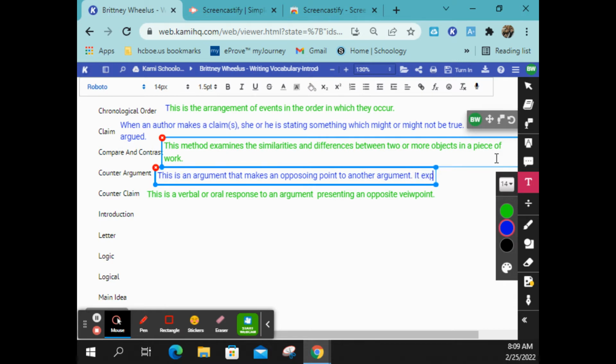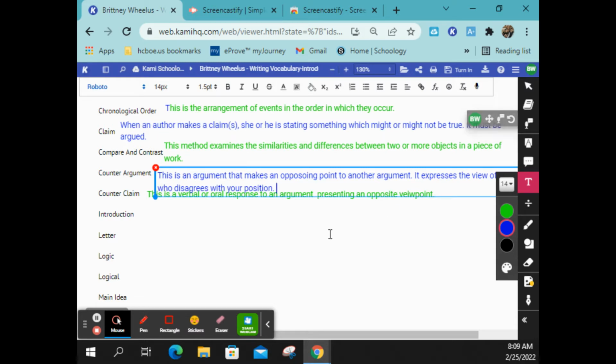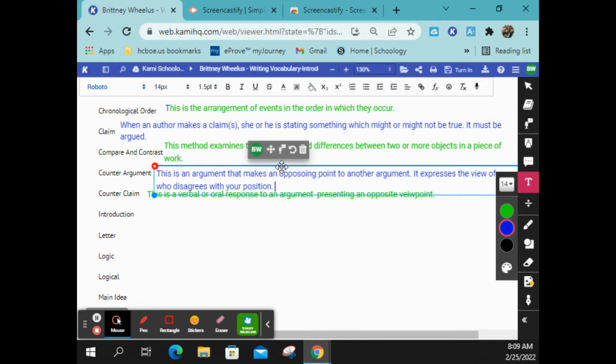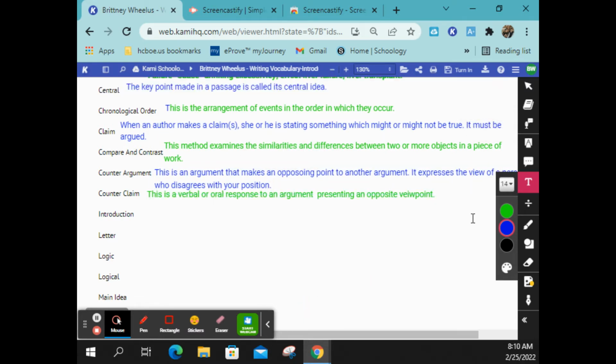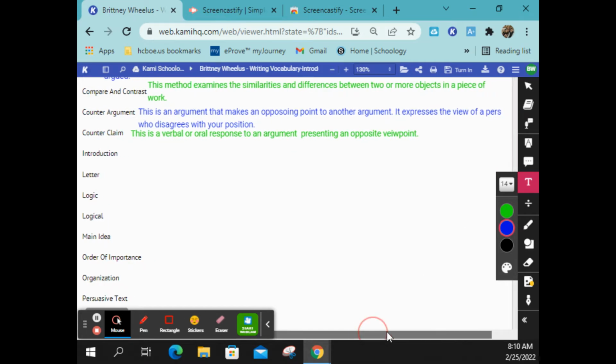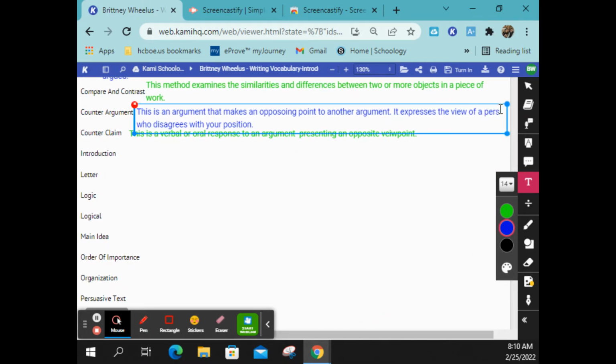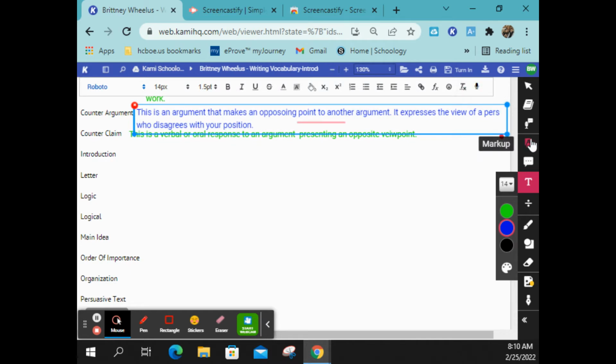It expresses the view of a person who disagrees with your position. All right, so as Blaze just pointed out, we don't always have the same viewpoints.